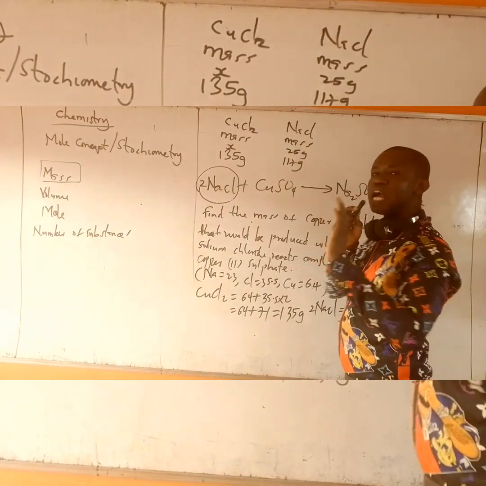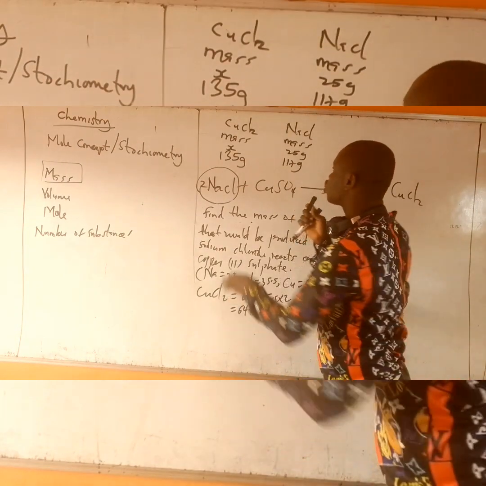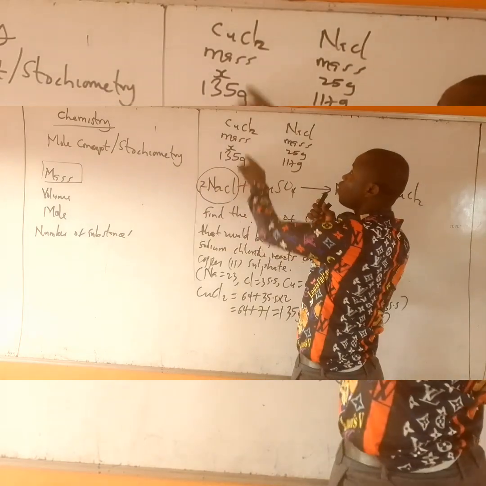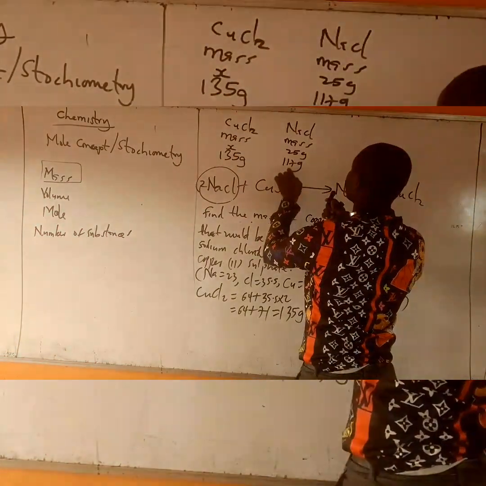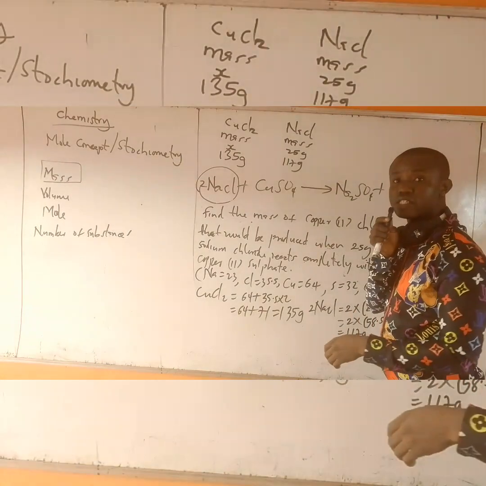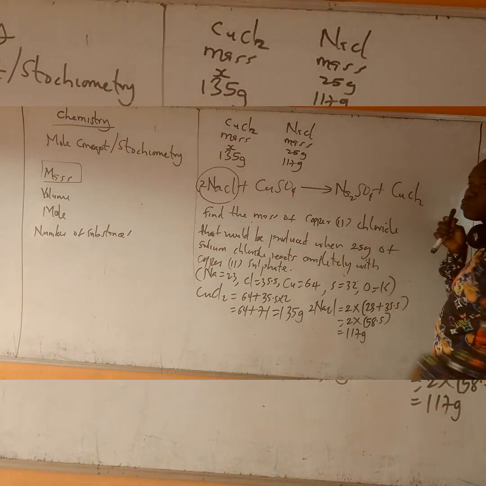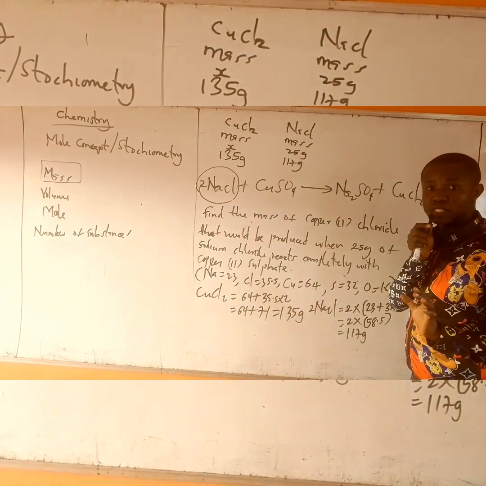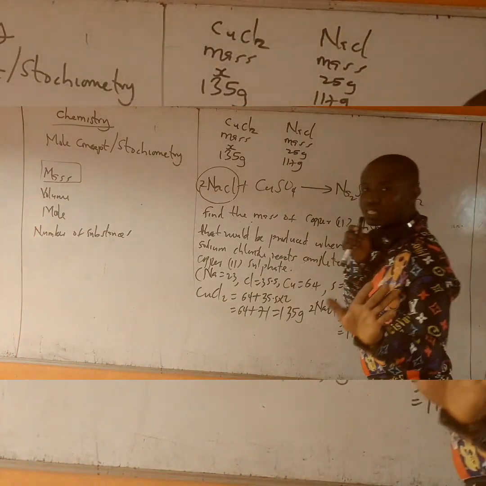Now, this is what they are trying to ask you. According to the equation, we have 135 gram of CuCl2. In the equation, sodium chloride reacts with copper 2 sulfate to produce sodium sulfate and copper 2 chloride. Am I communicating? Look at what they are trying to ask you here.